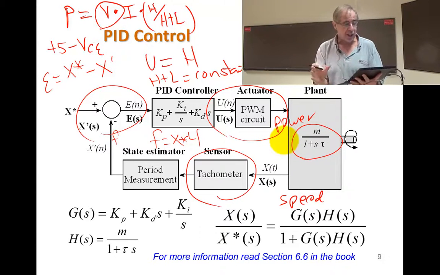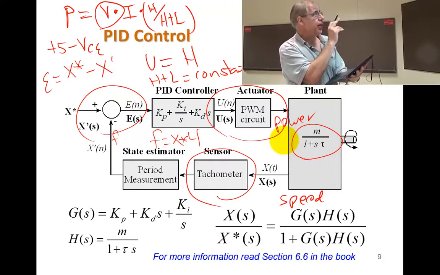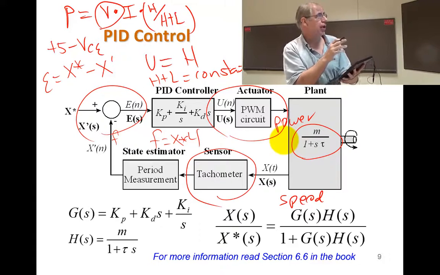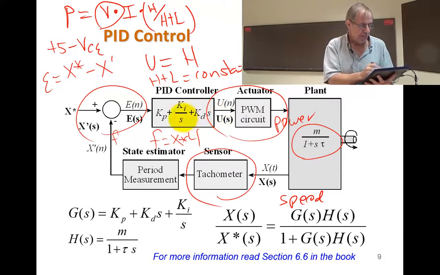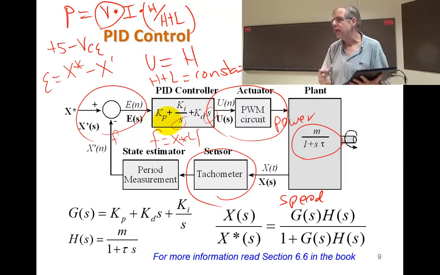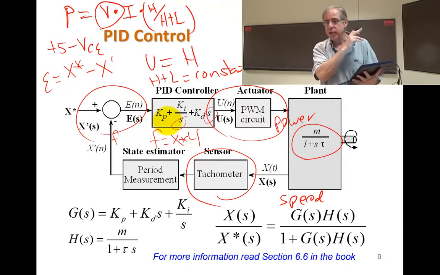But if all of these things were linear, I could develop an equation for the controller using that same linear behavior. Again, this is a second order differential equation now, okay? Because it's got both a 1 over s and an s, right? So that becomes a second order differential equation. And I'll show you the software for that equation in a second.